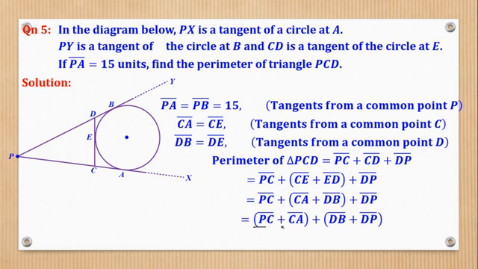Then group, if I say PC and CA, let's try. PC plus CA gives you PA, which was 15. Okay. Then DB and DP gives you PB, which was also 15. So the answer would be 30. That's what they wanted.